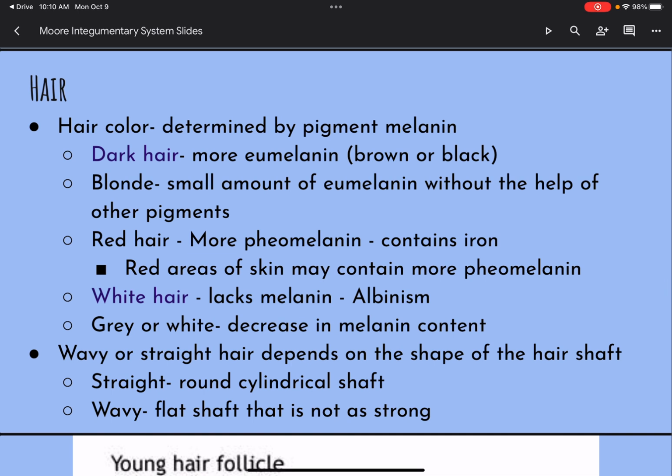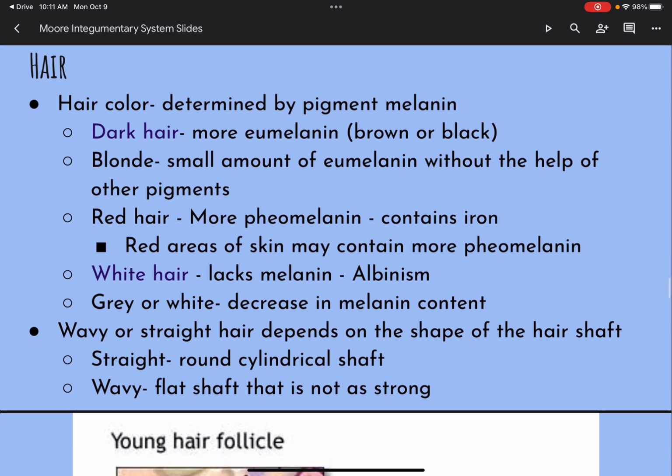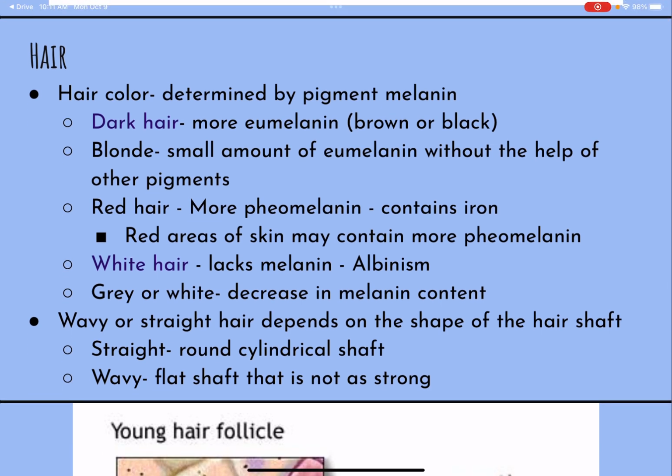How does our hair get color? Very similar to the skin. We have a pigment called melanin. The more melanin we have, the darker our hair will be. And specifically, somebody that has very dark hair, brown or black hair, has a ton of eumelanin. If it's blonde hair, it's a low amount of eumelanin. If it's red hair, we have this thing called pheomelanin, which contains a bunch of iron.